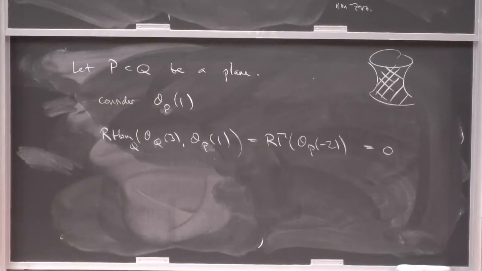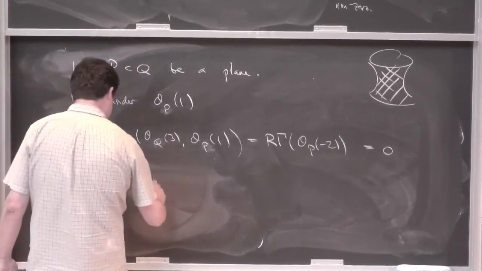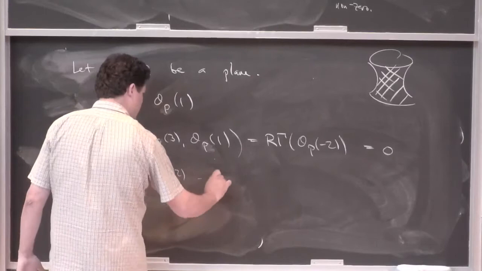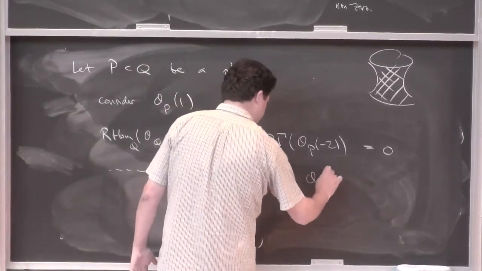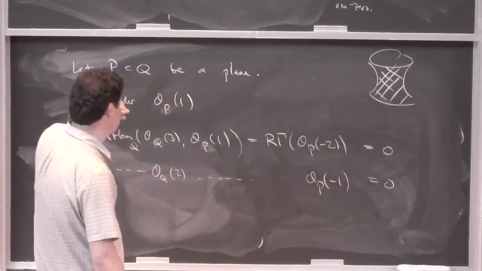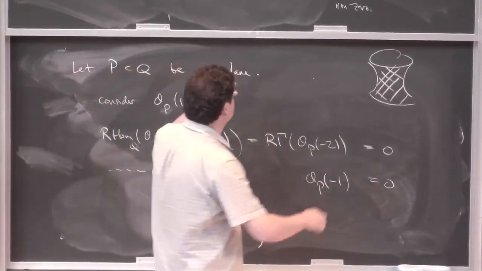Which, if you remember the cohomology of line bundles on Pn, is 0. And similarly, OQ of 2, and we're going to get OP of minus 1, and this is 0. So far, so good.